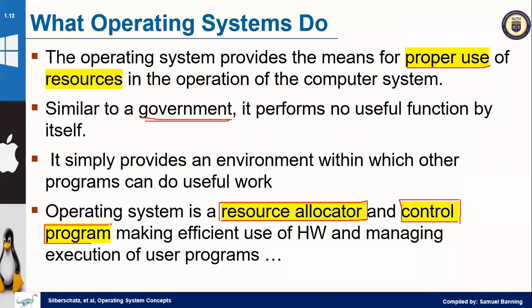So the operating system is also a control program. Okay, so this resource is being used by this program. If anybody needs that resource, you wait. After this program has finished, it will allocate the resource to this one. All these are the work of the operating system, and everything it is doing is to make sure that the hardware resources are used in an efficient manner.